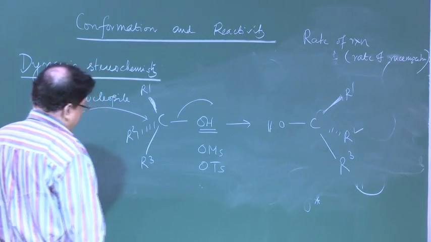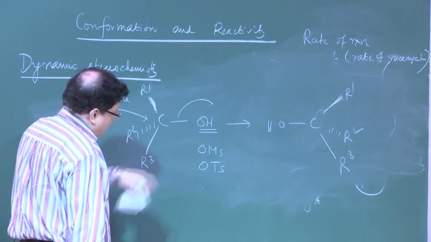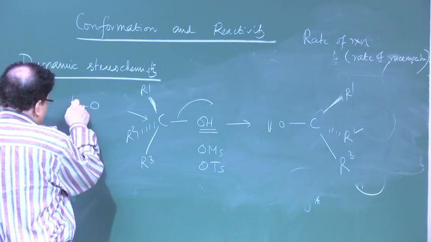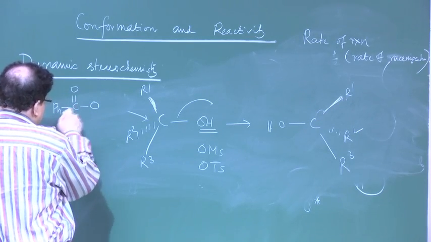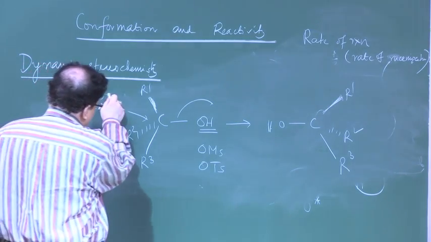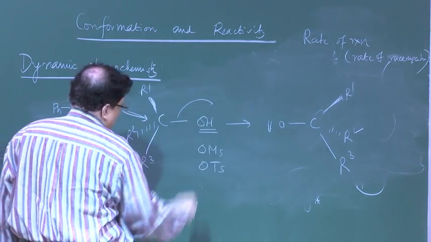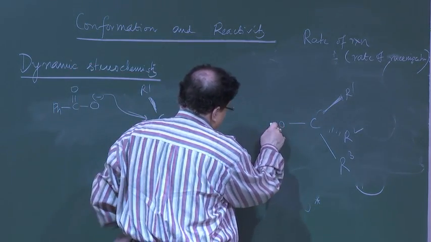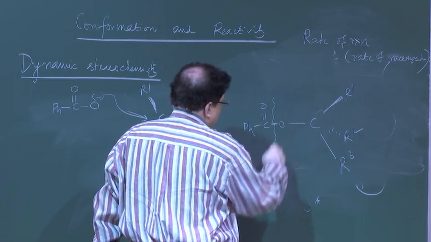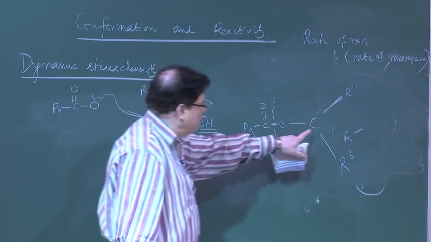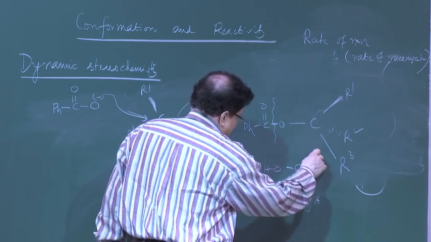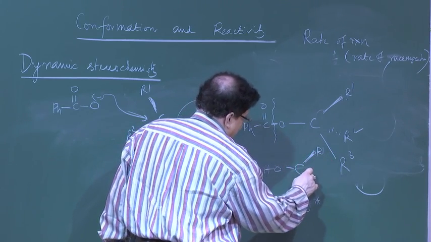So, first convert it into a good leaving group and then add a nucleophile, suppose benzoate, OCOPh, from benzoic acid. The benzoate attacks from the back side and the tosylate goes out, so the product is now O-CO-Ph. If you can break this bond by hydrolysis without disturbing the stereogenicity, you will end up with the inverted compound.